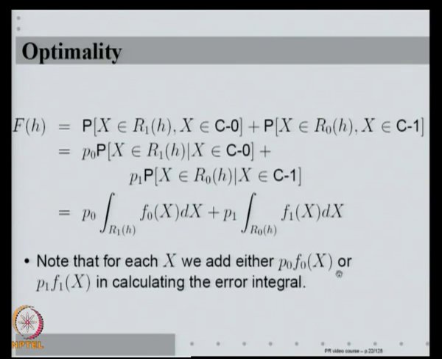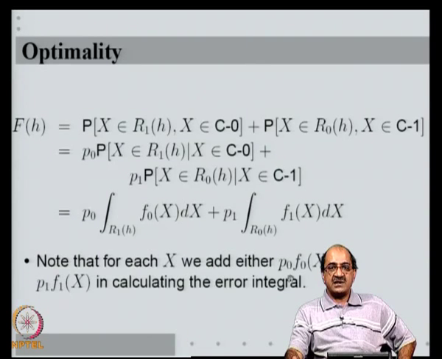So, we actually integrate over the entire space either P0 F0 or P1 F1 at each X. At which X we put P0 F0 in the integral and at which X we put P1 F1 depends on whether that X is in the region R0 or R1. And all that the classifier can do is to change these regions. It can only decide at which points P0 F0 is counted in the integral and at which points P1 F1 is counted in the integral. The classifier can only change the regions R0 and R1.